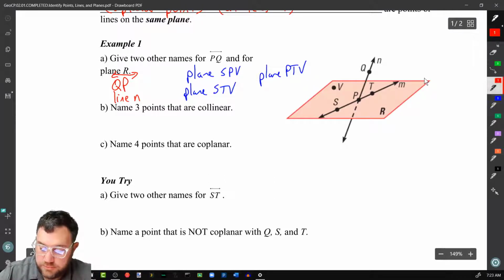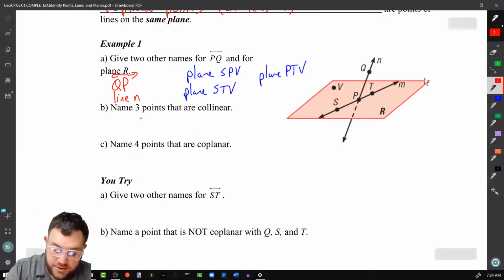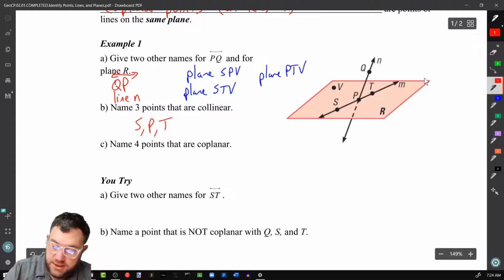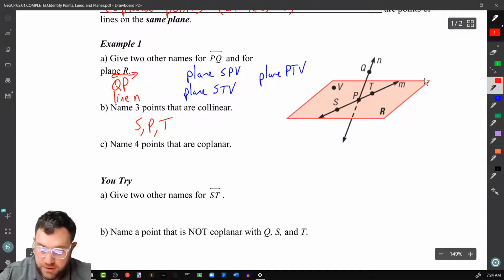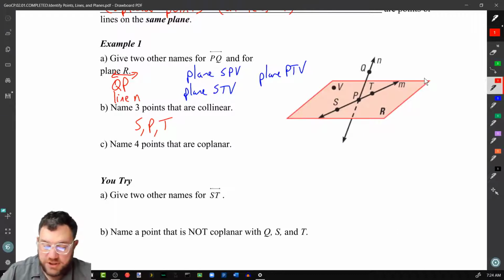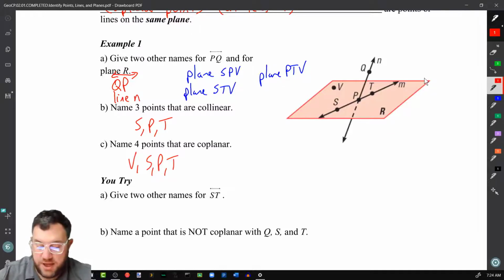For B, 3 points that are collinear. Now, they're only collinear if we can see the line drawn between them or through them. And so that would be S, P, and T, because we see that line that goes through all three of them. For points that are coplanar would just be V, S, P, and T, because they're all inside that quadrilateral.